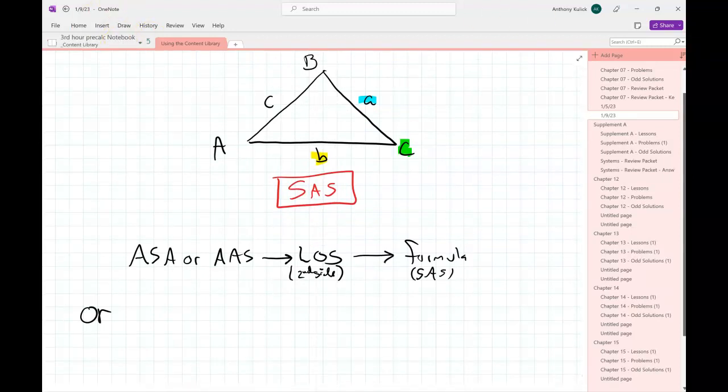Or what else can I do? I have this formula.